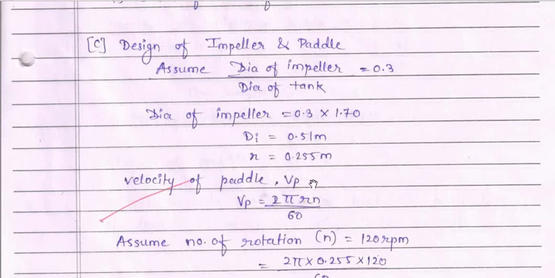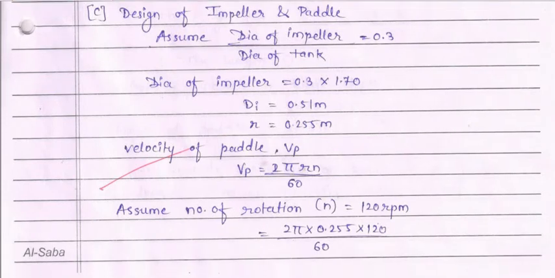Therefore the velocity of paddle is Vp equal to 2 pi R n divided by 60. Assume the number of rotations as the maximum, so that it can move at full speed. The rotation criteria given is 80 to 120, and we are assuming 120 rpm.